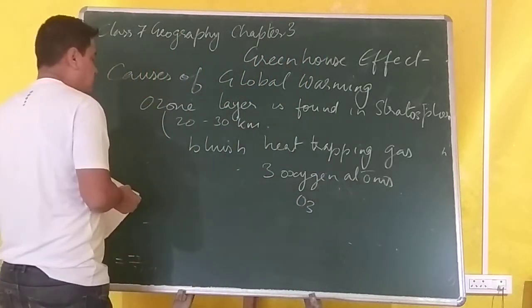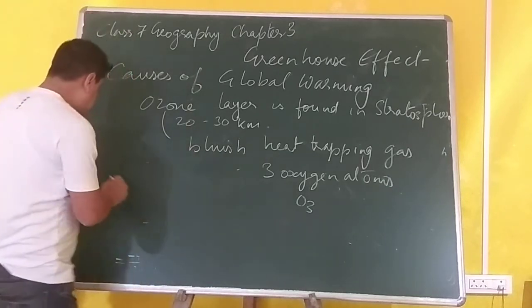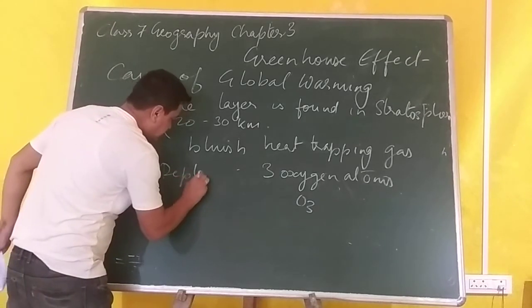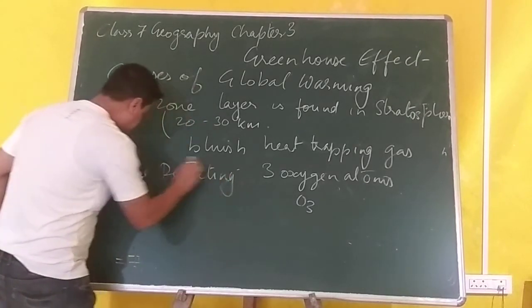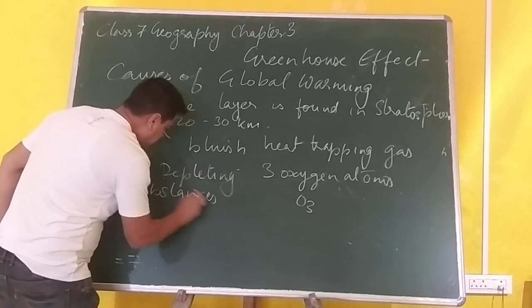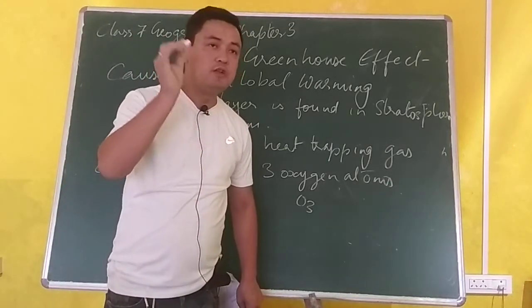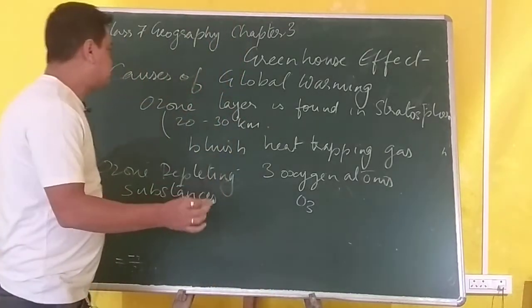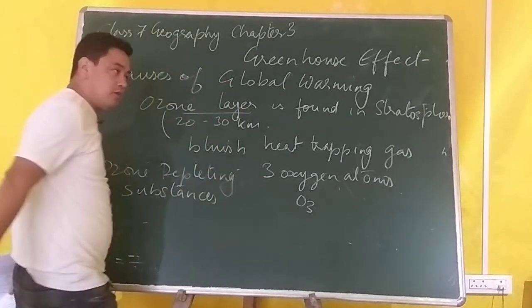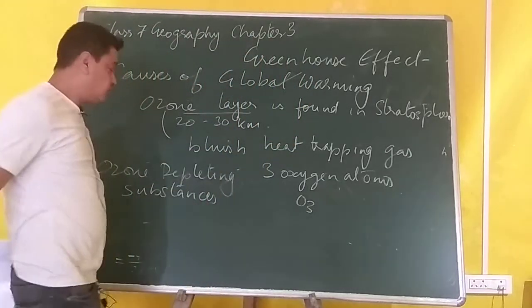So certain human activities basically emit ozone depleting substances, which is the cause for the depletion of the ozone layer, and it is causing global warming.